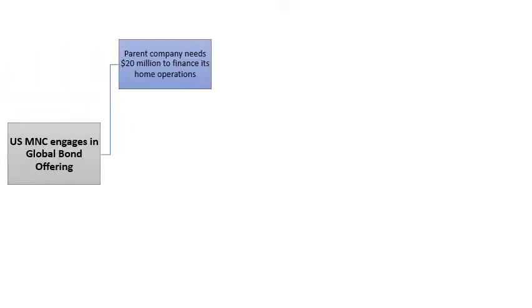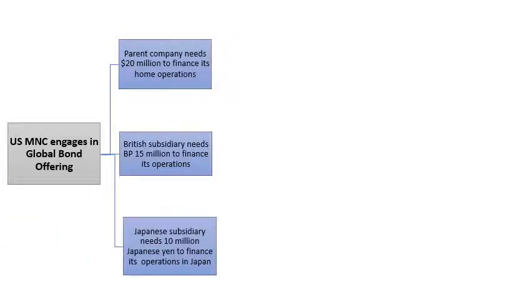If the parent company needs $20 million to finance its home operations, and its British subsidiary needs 15 million British pounds to finance its operations, and its Japanese subsidiary needs 10 million Japanese yen to finance its operations in Japan, the multinational corporation based in the United States will engage in a global bond offering.